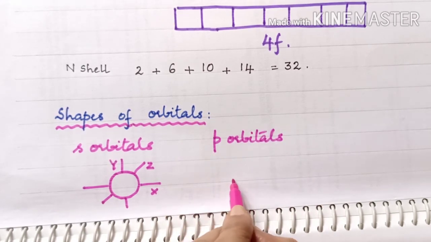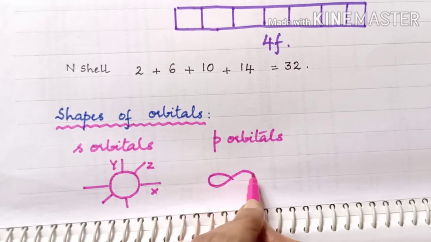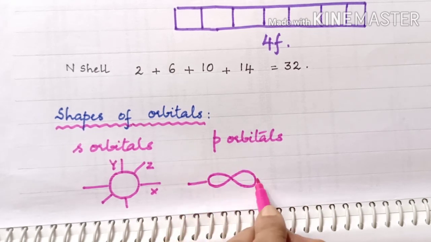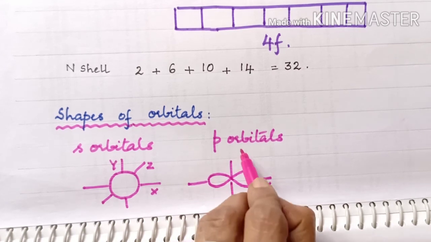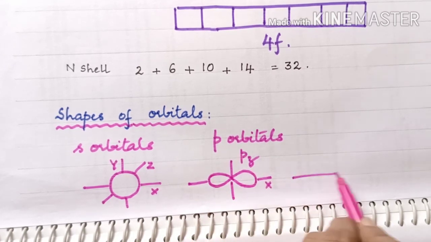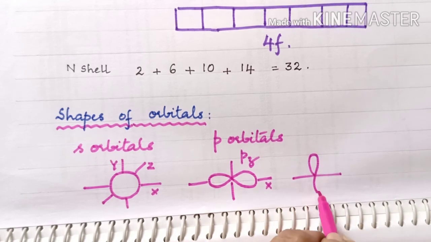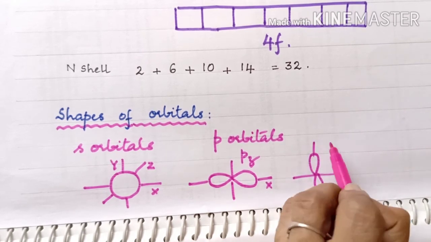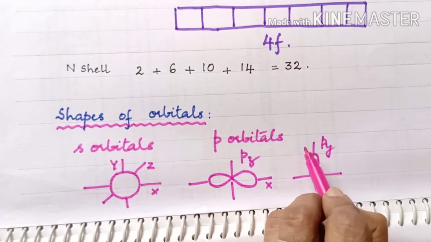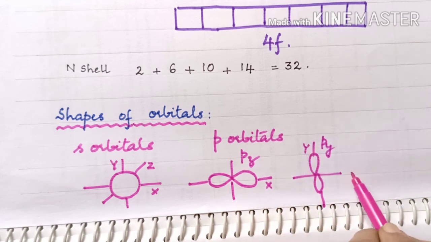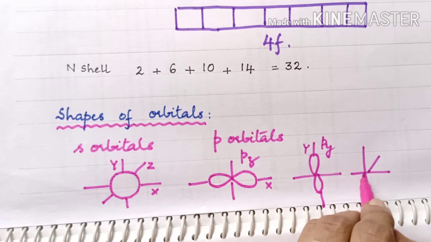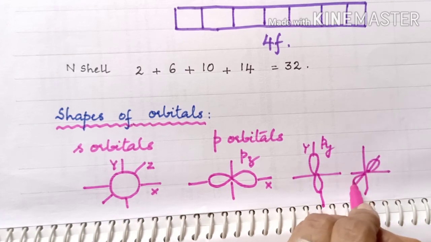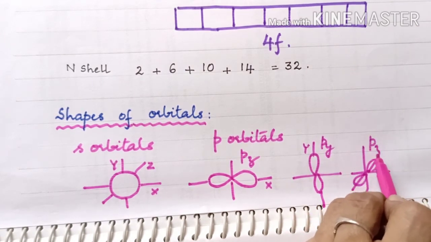So we have 3 varieties. If it is along the x-axis, it is called px. If it is along the y-axis, it is called py. And if it is along the z-axis, it is called pz.